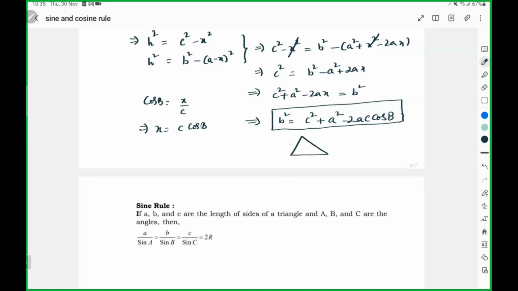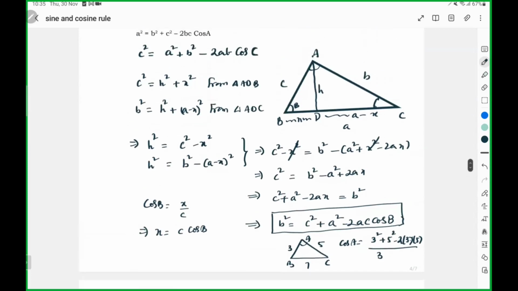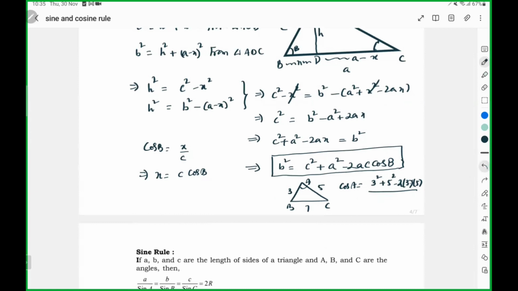For example, if I take sides 3, 5 and 7, and say this is A, B, C, find cos A. This is the included angle, so those two sides squared, minus 7 square, by 2 into 3 into 5.